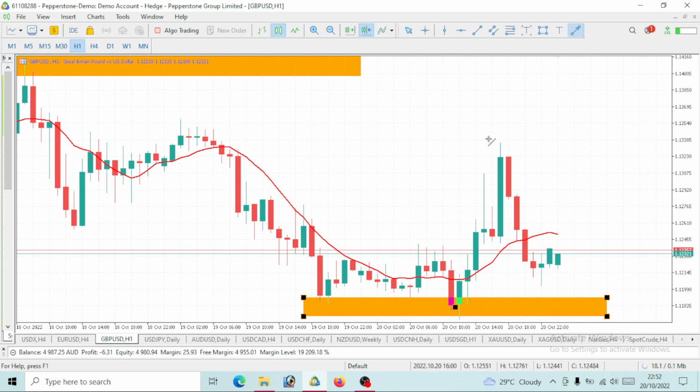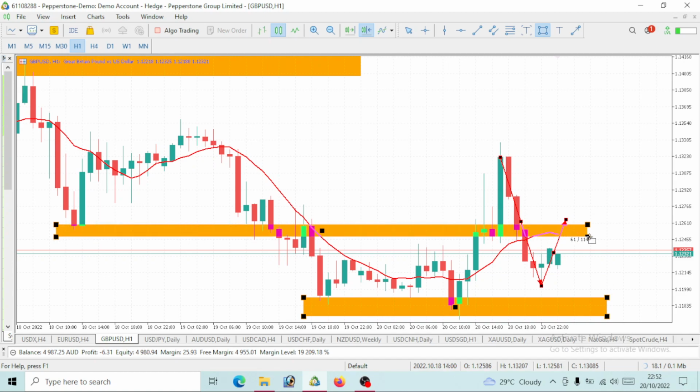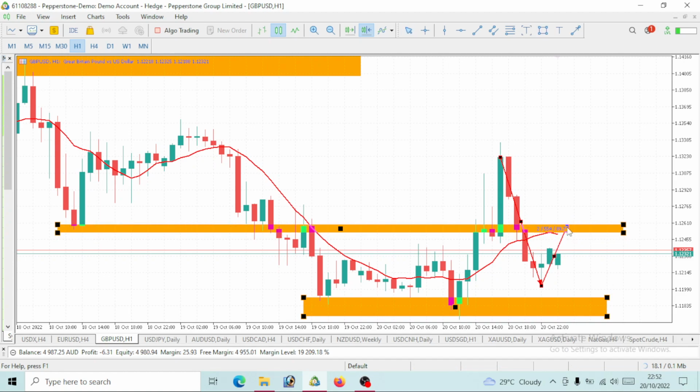We can take this as a drop. Let's see if a pullback will occur here. Once the pullback is over, it comes to this level here, you can see price reacted here once. Let's see price come to this level, tap this level, and again another bearish move to be made to break this level we are all talking about on GBPUSD.